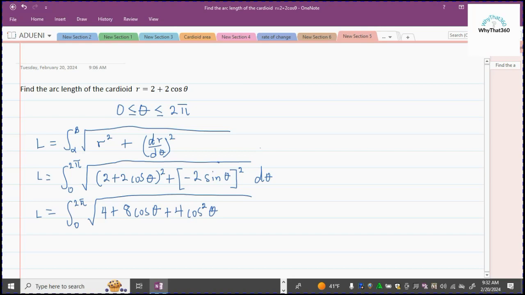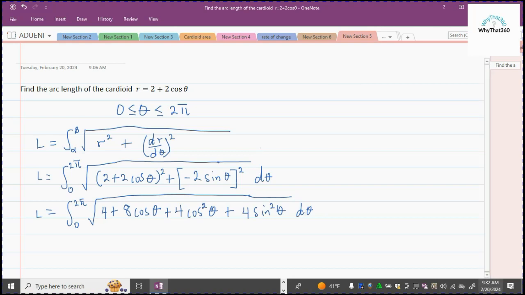And then we will simplify that one also, which will be plus 4 sine squared theta, and then d theta, since we are integrating.